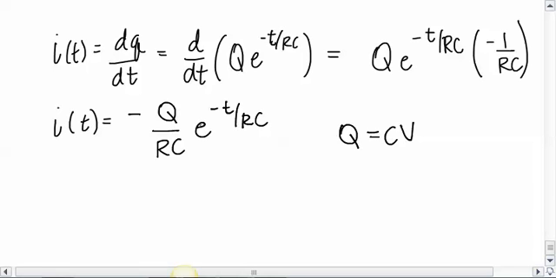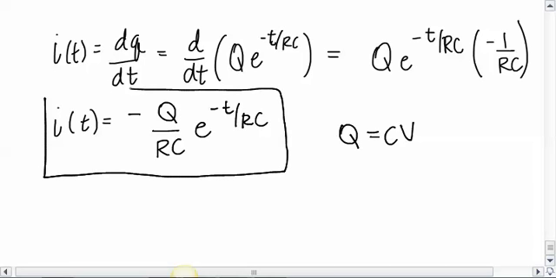Yeah. Okay. Now, what does this negative sign right here represent? That will come through this function right here, but this negative sign indicates that the current through the resistor is in the opposite direction than when the capacitor is charging.